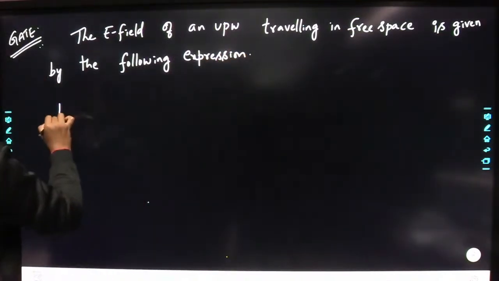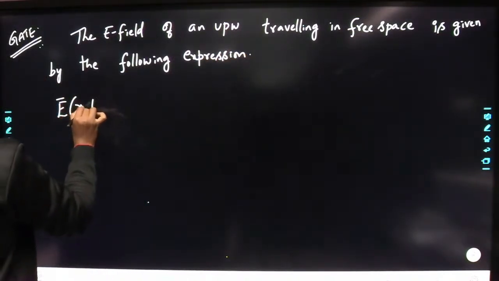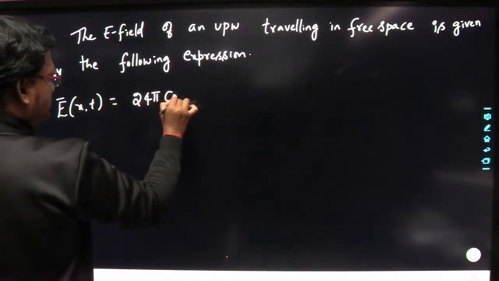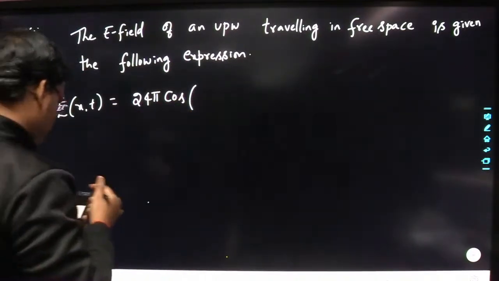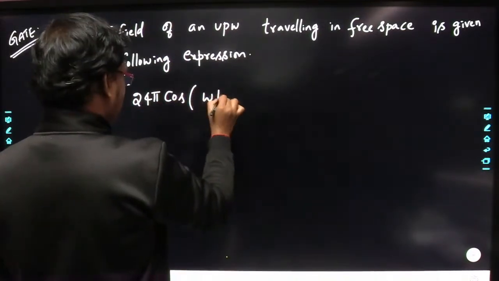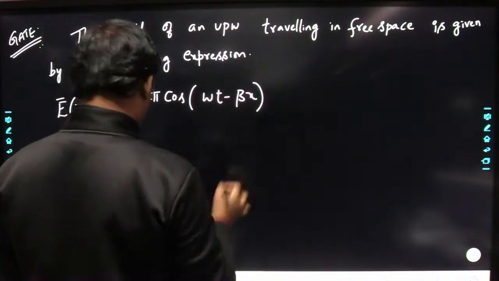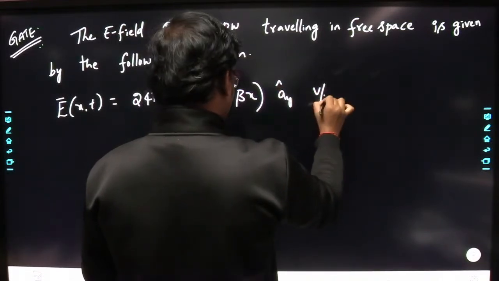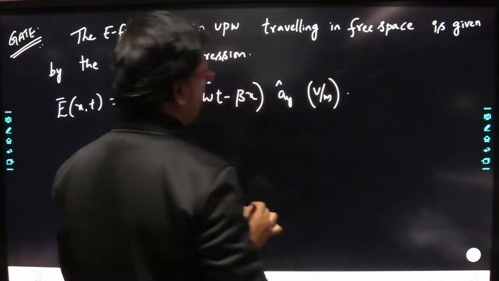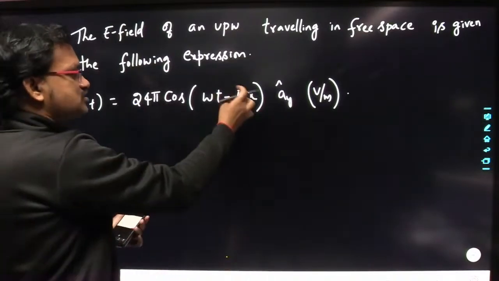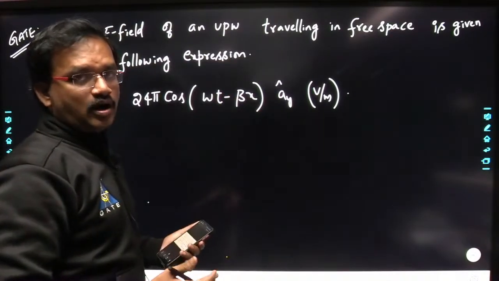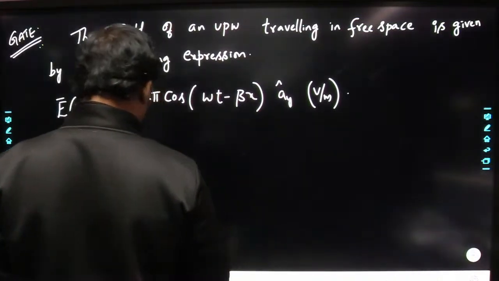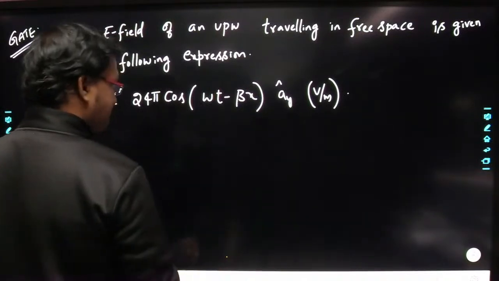E bar of x comma t is equal to 24 pi into cos of omega t minus beta x ay cap volt per meter. In general, whenever they give the problem, this phase constant they will represent either with beta or with k, right? So don't confuse between those two, both are the same, right?